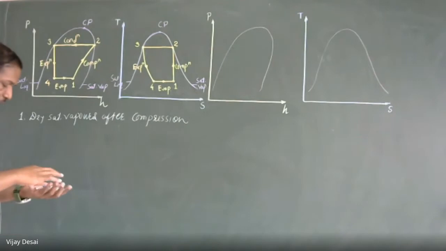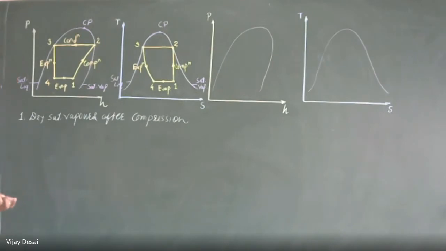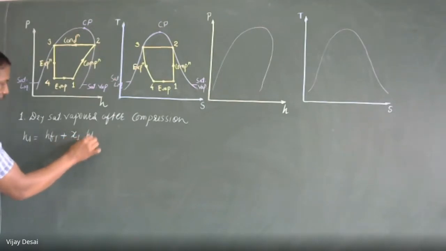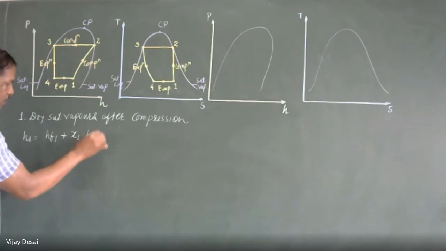Now, if I would like to calculate the enthalpy, the enthalpy of point 1 is in the wet zone, so it will be HF1 plus dryness fraction at point 1 into HFG1.